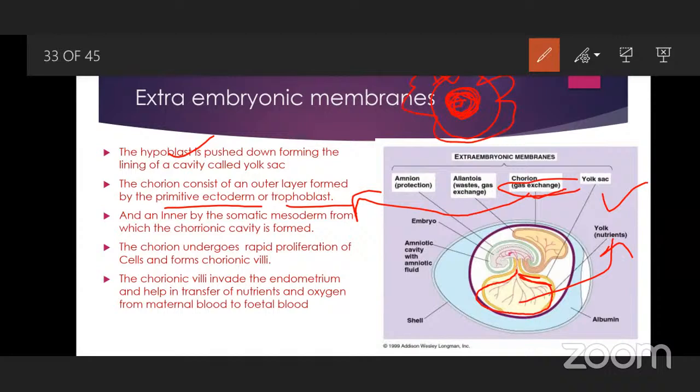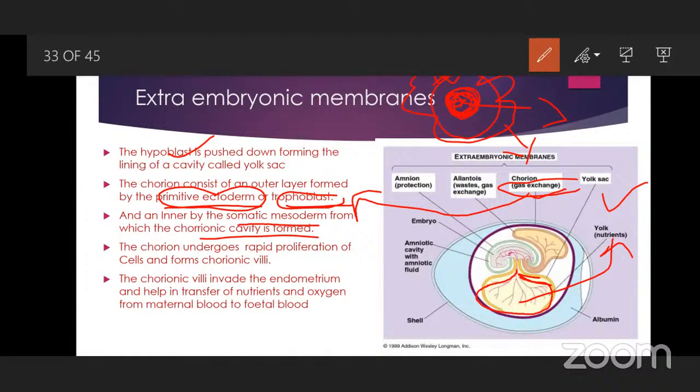These inner mass cells are the ones which give rise to the epiblast and hypoblast, and later on epimere, hypomere, and mesomere. And the trophoblast cells, the outer cells, were meant to form the extra embryonic membranes. So the chorion is formed from that primitive ectoderm, that is the trophoblast cells, and the inner layer by somatic mesoderm, from which the chorion cavity is formed.